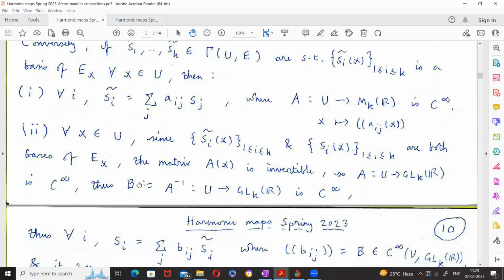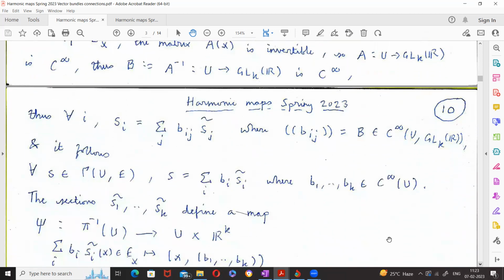Therefore, pointwise, I can take its inverse and define B equal to A inverse. So this is also going to be a smooth map into GL_K(R). And then once I take the inverse of this change of basis matrix, I can write the S_I's in terms of the matrix B, right? So the S_I's are going to be the sum over J of B_ij S_j tilde, where the B_ij's are the coefficients of this inverse matrix B.